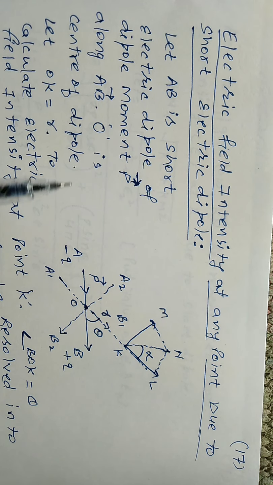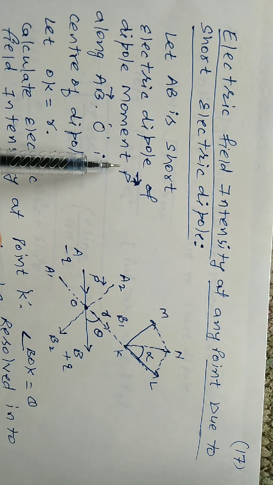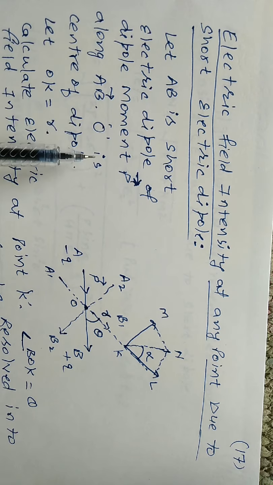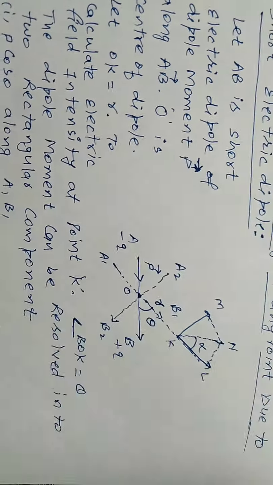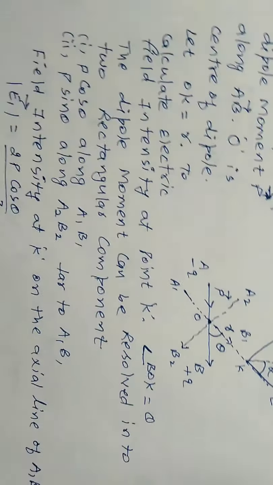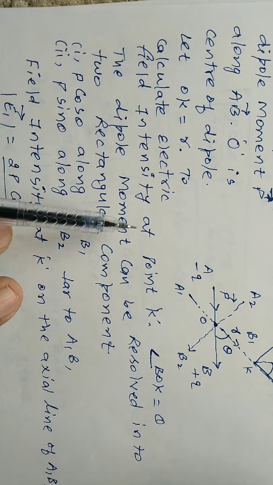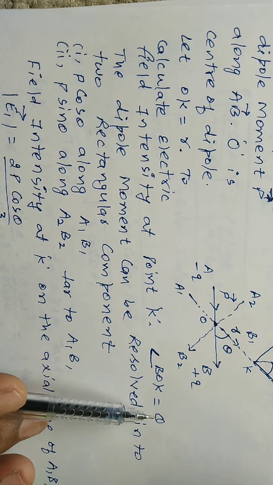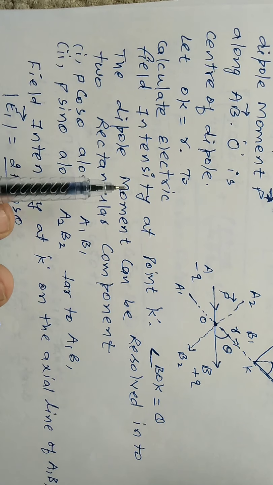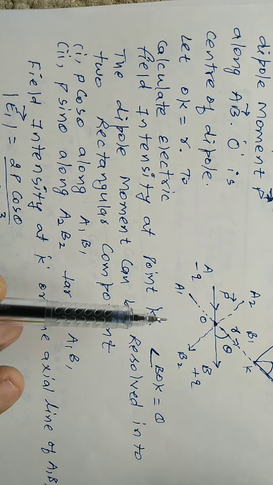Now, AB is a short electric dipole of dipole moment P along AB. O is the center of the dipole such that OK equals r, and we have to calculate electric field intensity at point K such that angle BOK equals theta. Now the dipole moment can be resolved into two components.